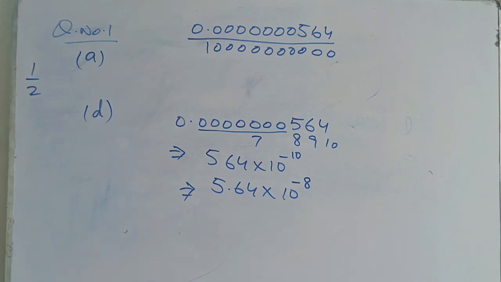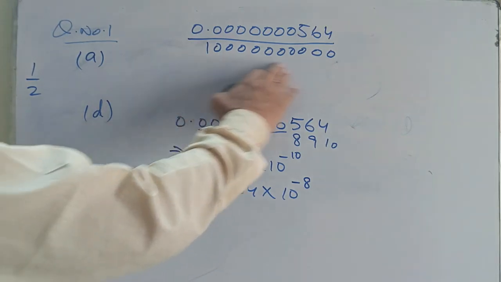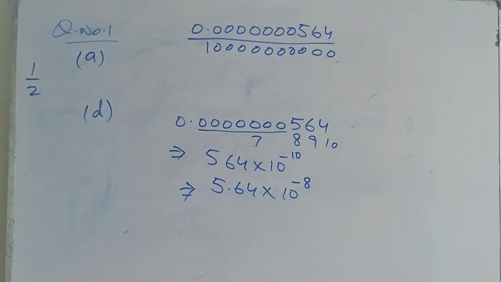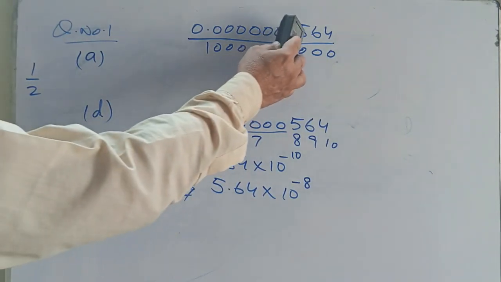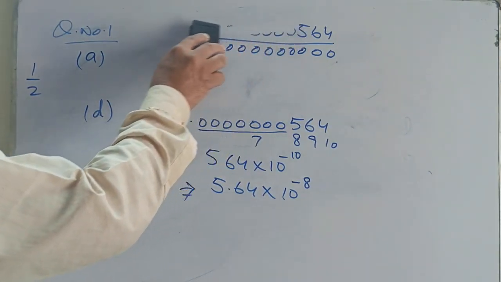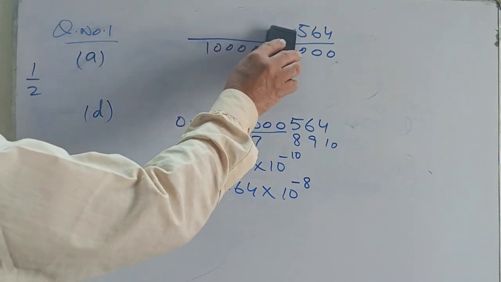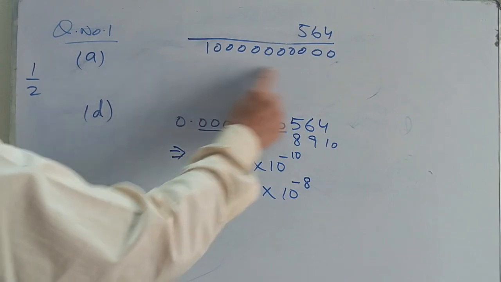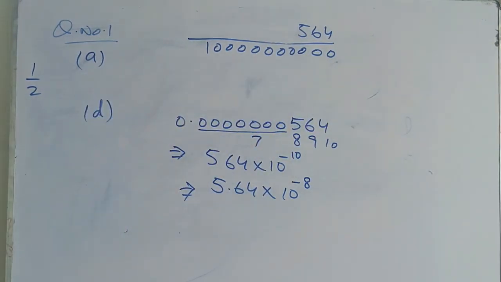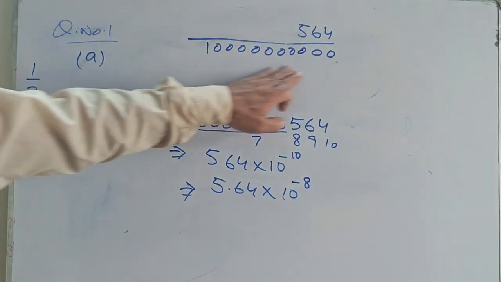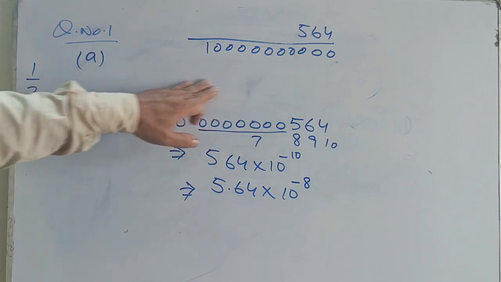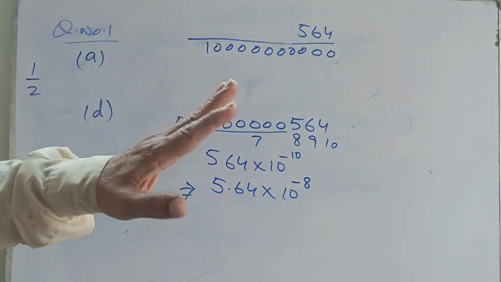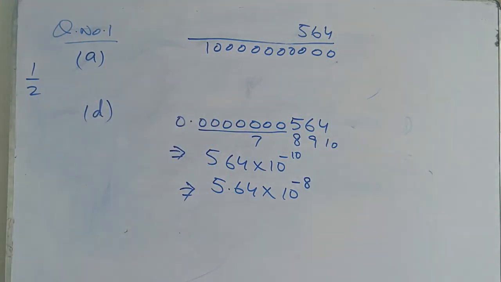Now this whole set of zeros has been abolished. We have just removed the sign. Now it has become 564 divided by a figure with 10 zeros. How much it is, I am not concerned with it.